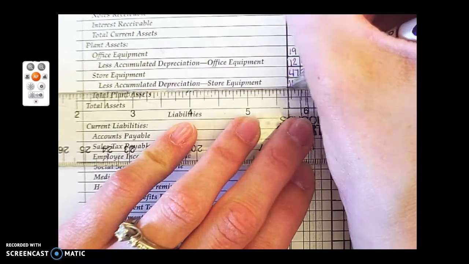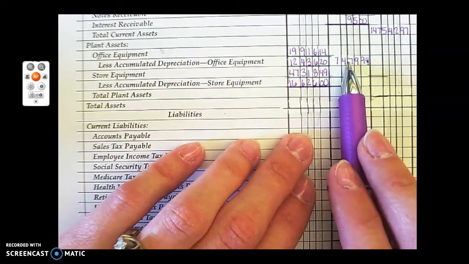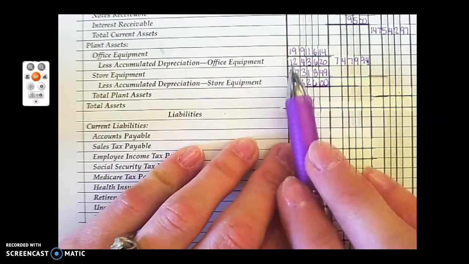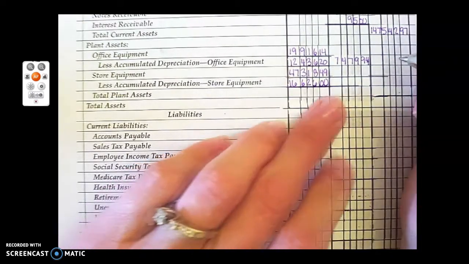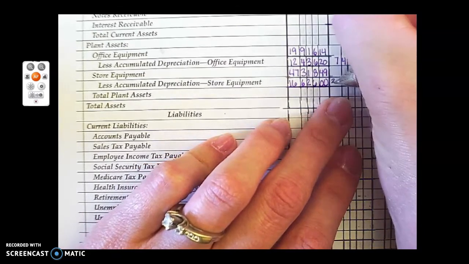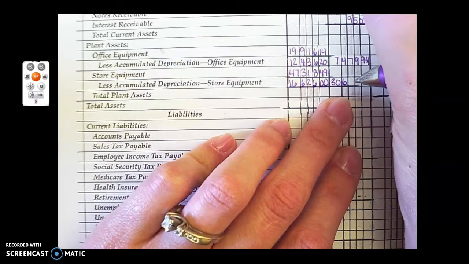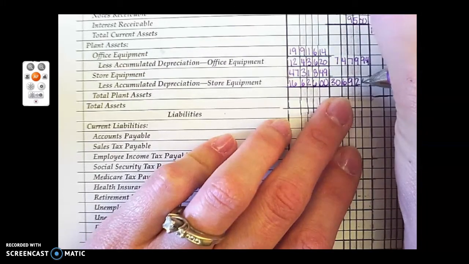And we just know, as with some accounting knowledge, we know that that number to the right means that we did some subtraction or addition, just depending. For this one here, it's subtraction. Our book value for store equipment is $30,692.49.